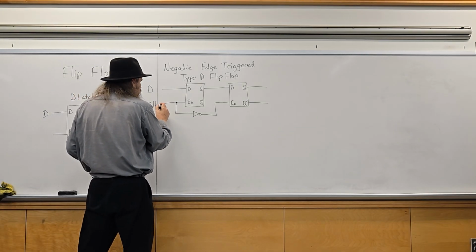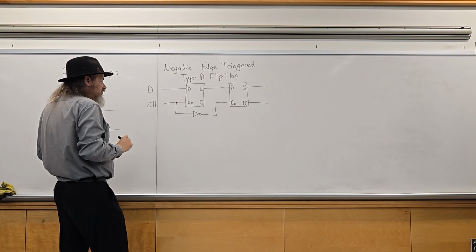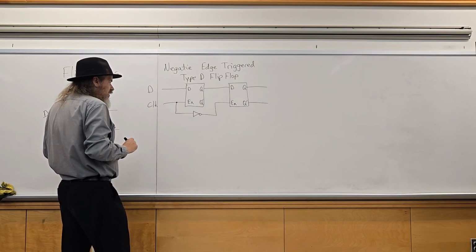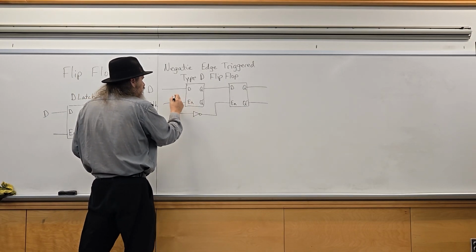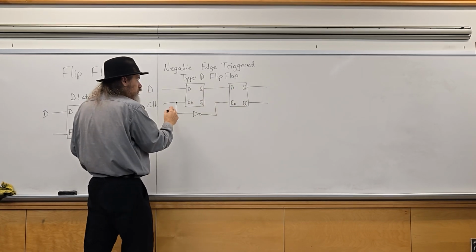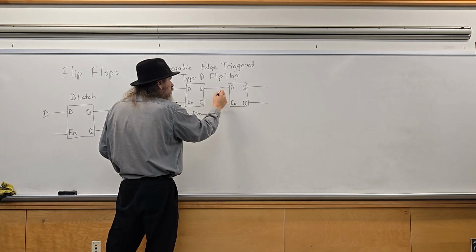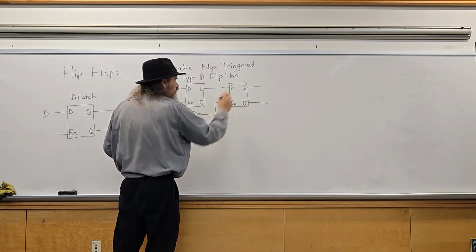when the clock transitions to high, this D goes to Q, but when the clock is high, the enable here is low, so it does not pass through the second latch.